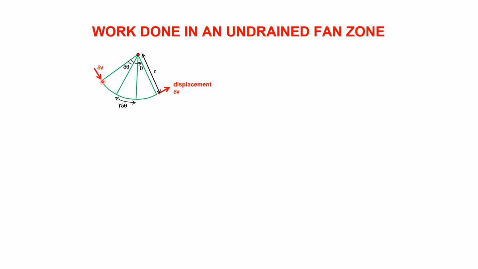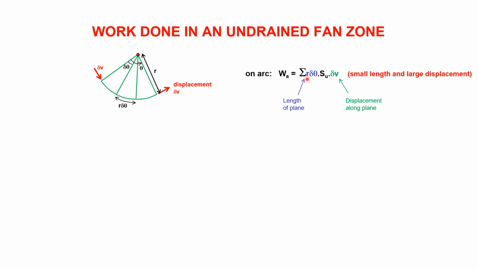Delta V is the displacement going in here, so the arc is moving around delta V. The size of each wedge is R delta theta, where delta theta, of course, will be infinitesimally small, and theta is the angle of the whole fan zone, radius R. On the arc around here, the work dissipated will be the summation of R delta theta. That's the length of the plane, SU, length, strength, displacement.